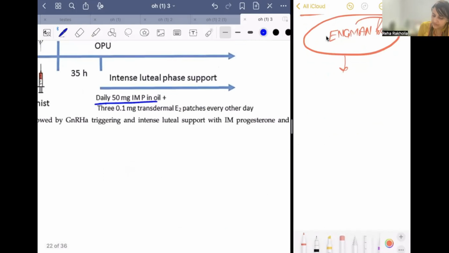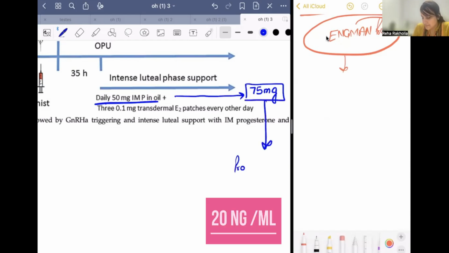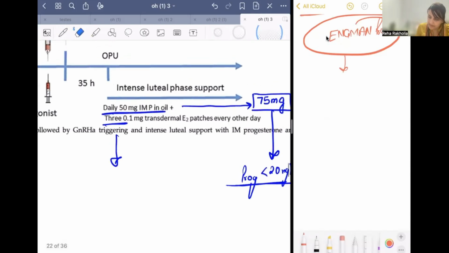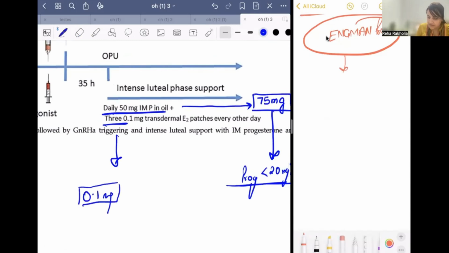IM progesterone, we are starting with 50 milligram IM daily, which can be increased to 75 milligram if progesterone level drops below 20 nanogram per liter. This is Ingman protocol. Okay. Now the other thing we'll use is estradiol patches. Patient applies 3 estradiol patches of 0.1 milligram every other day.